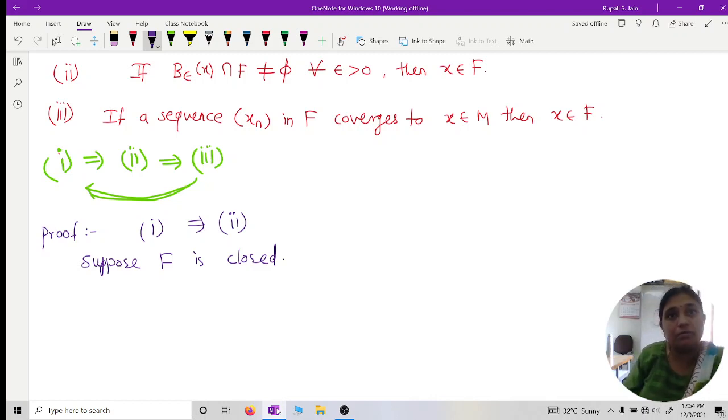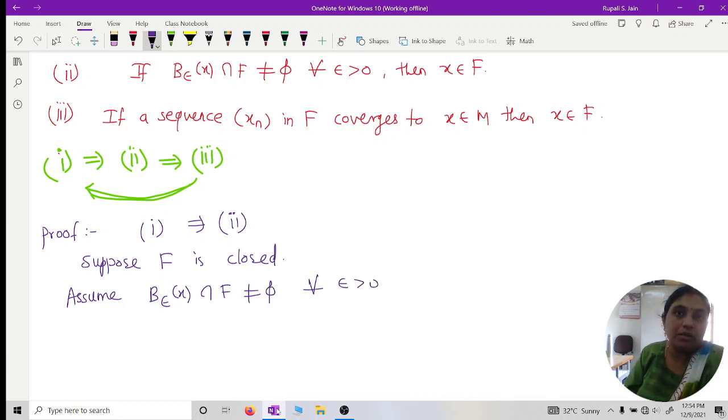And what we want to prove? If B_epsilon(x) intersection F is non-empty for every epsilon greater than 0, then we want to prove x belongs to F. So also assume B_epsilon(x) intersection F is not empty for every epsilon greater than 0.